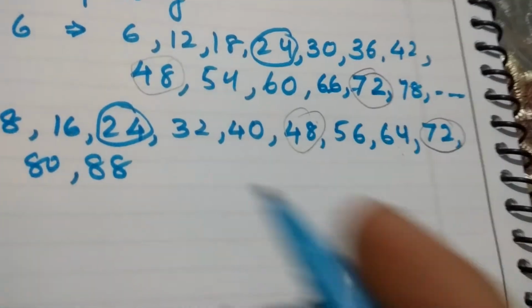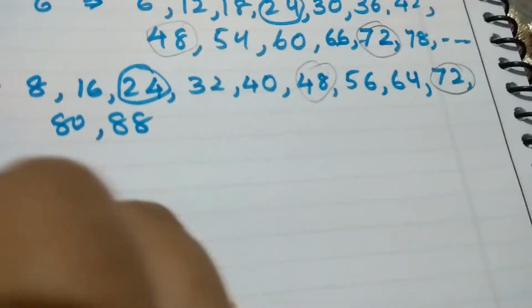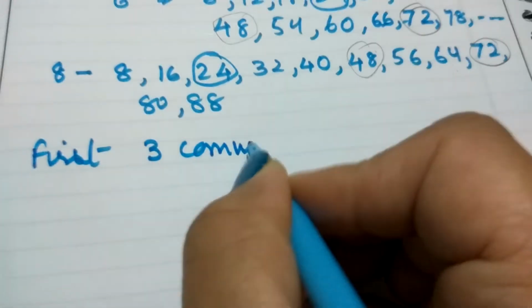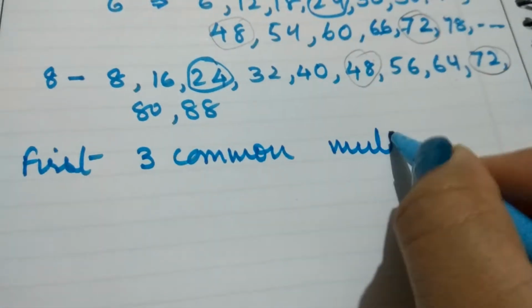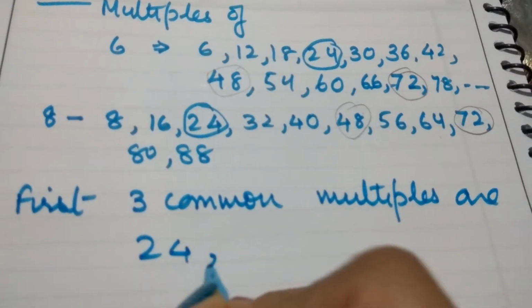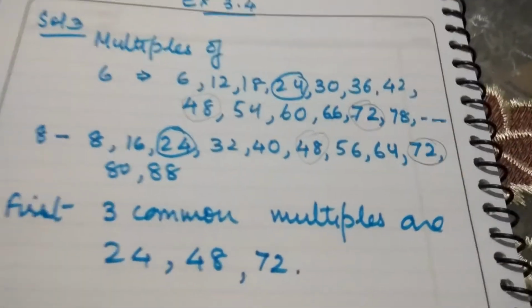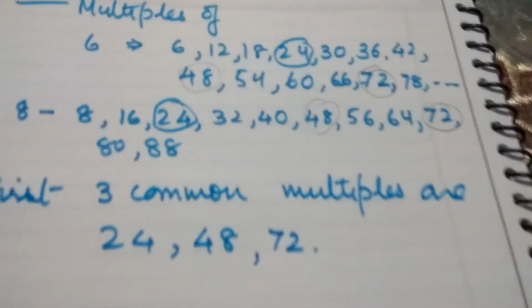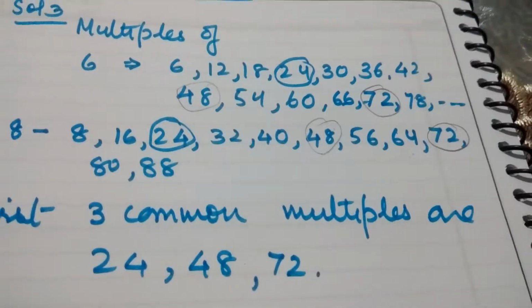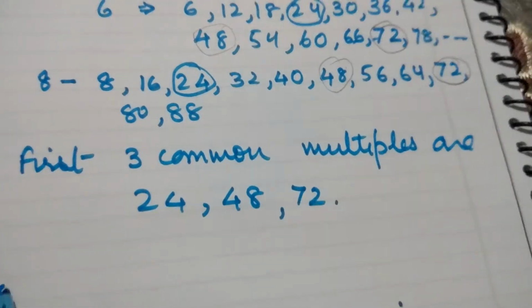Now we can list them. The first three common multiples are 24, 48, 72. And if we are asked the LCM, the least common multiple of these two numbers will be 24.